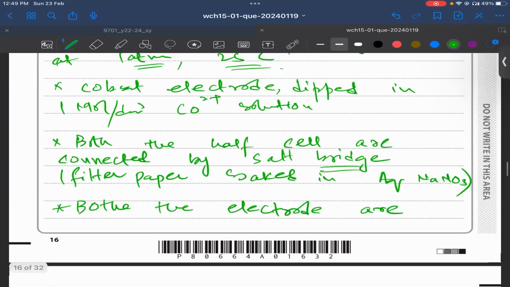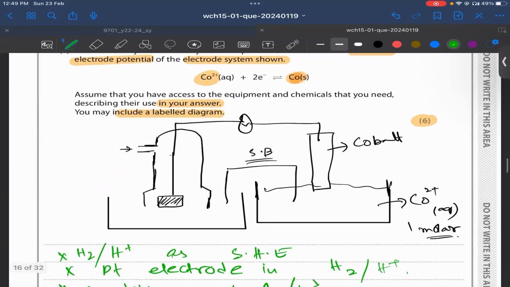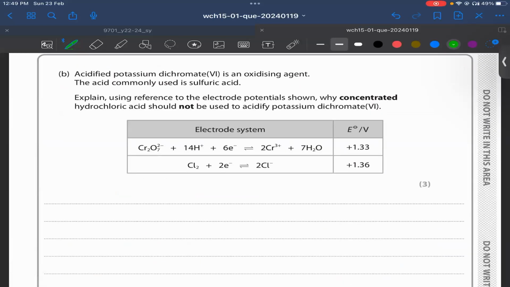Now you can write it in your own words. I just write the major points, right? Okay, sir. So this is all you have to discuss in this question. The next question is: acidified potassium dichromate is an oxidizing agent. The acid commonly used is sulfuric acid. Explain, using reference to the electrode potentials shown, why concentrated hydrochloric acid should not be used to acidify potassium dichromate.